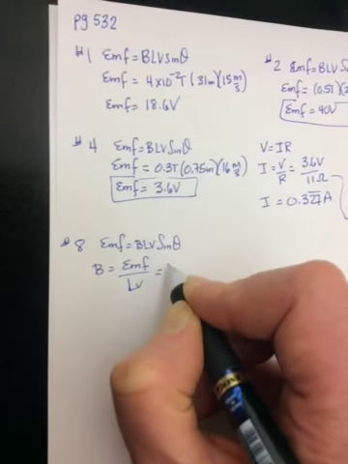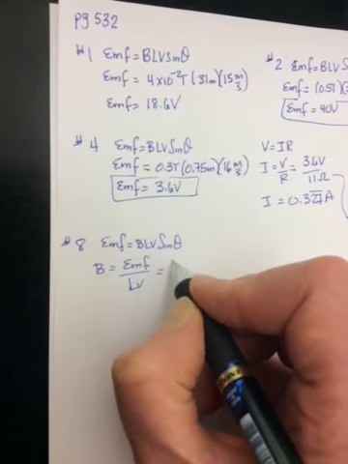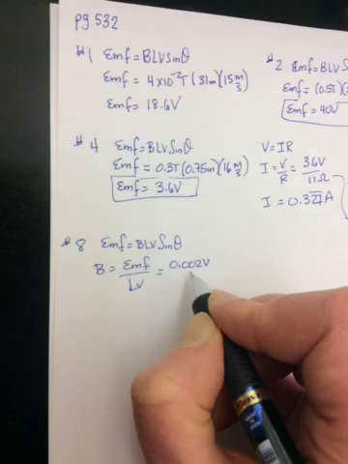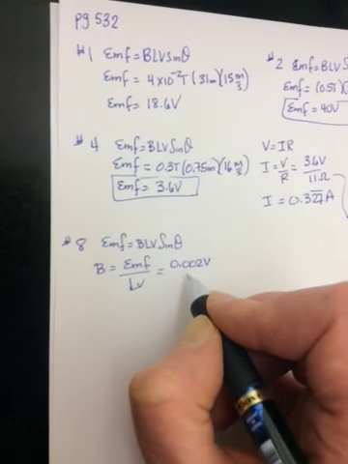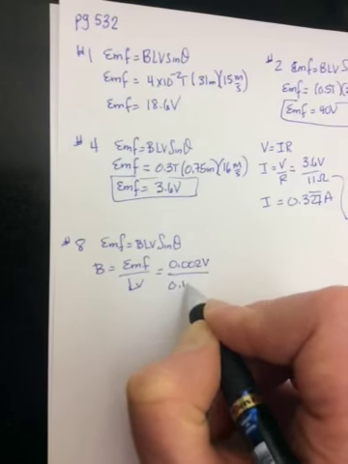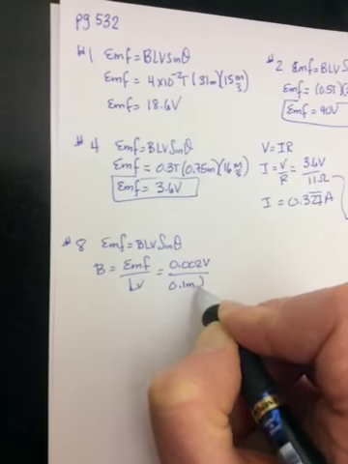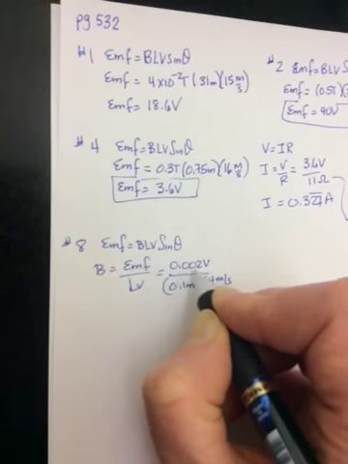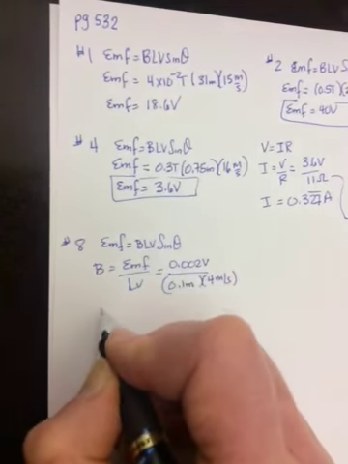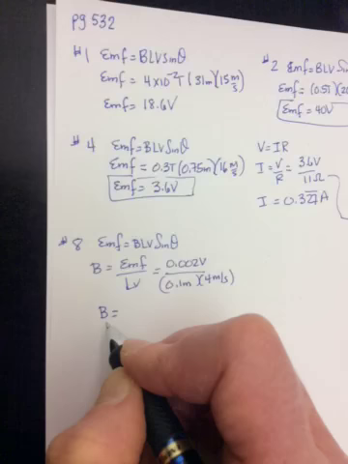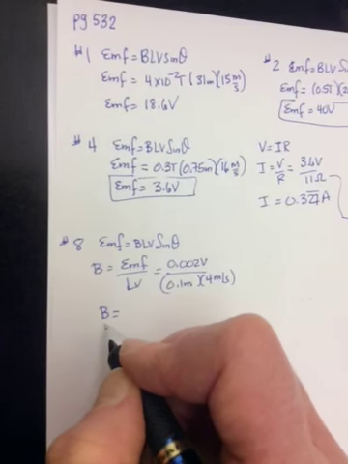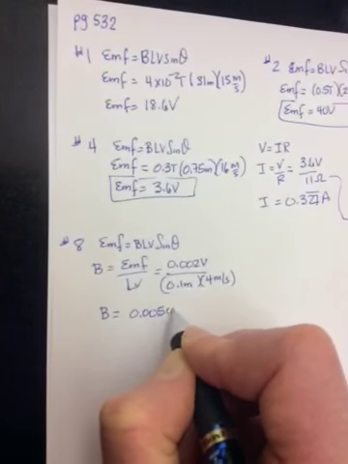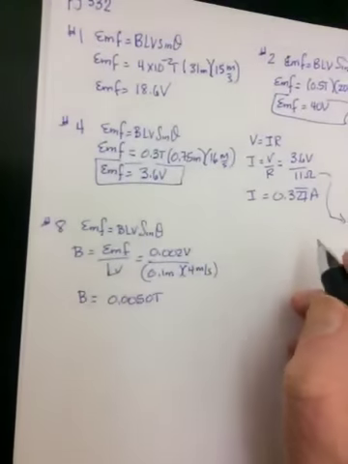It says perpendicular, so the sine theta is 1. So 0.002 volts divided by 10 centimeters, 0.1 of a meter, and 4 meters per second. So that's like 0.02, so it's going to be a 5. The question is, where is the decimal? I think it's 0.005 Teslas. I think that's where the decimal is.